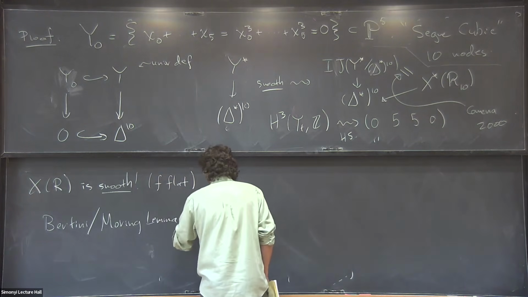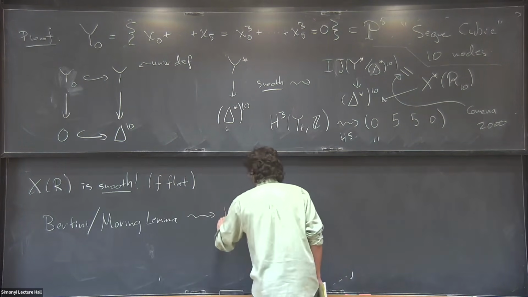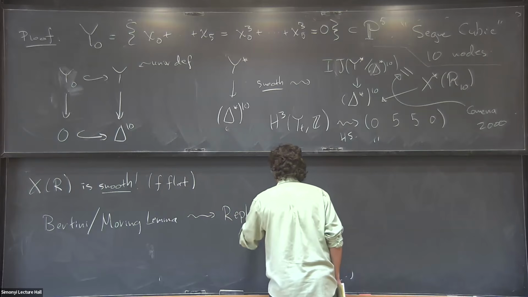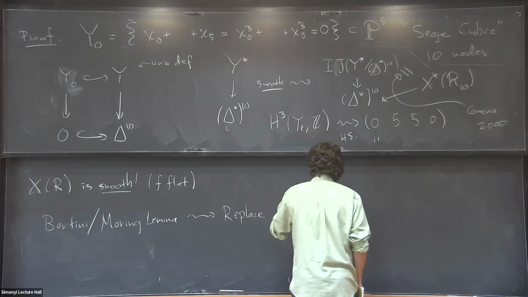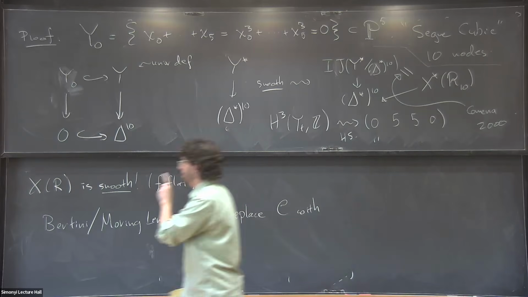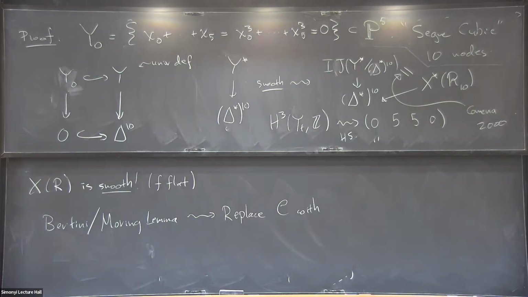We get to replace C. Oh yeah, wait, maybe I should say what C is. C here is the Zariski closure of the curve over the generic point, over the Zariski open.